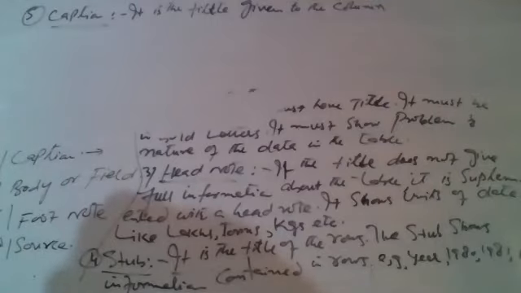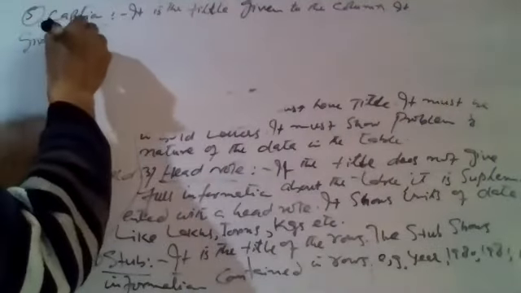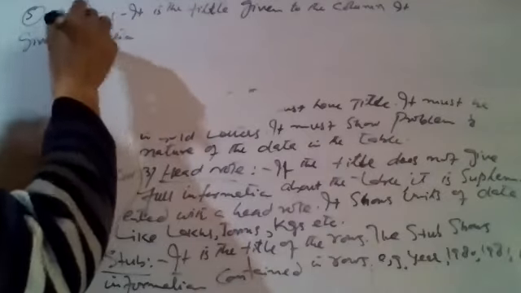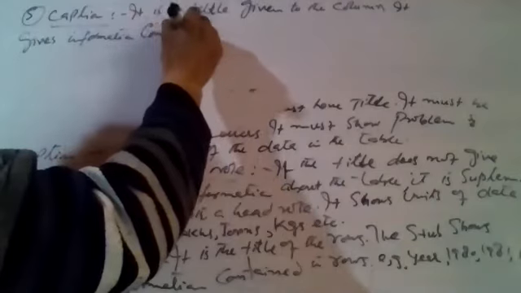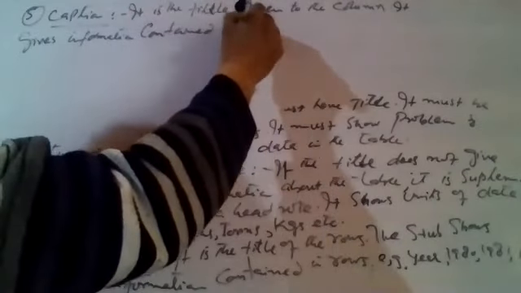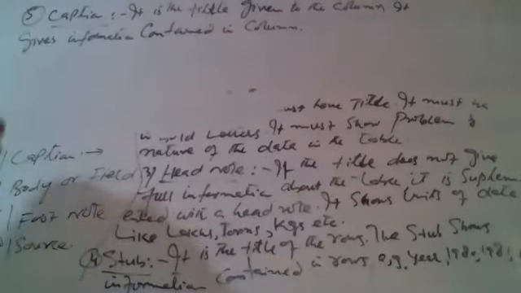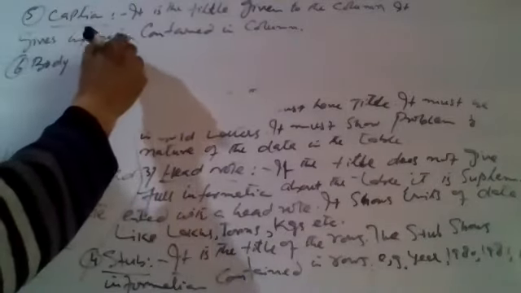A caption means information contained in the column. Column में क्या information है? Number next is very important, body or field.